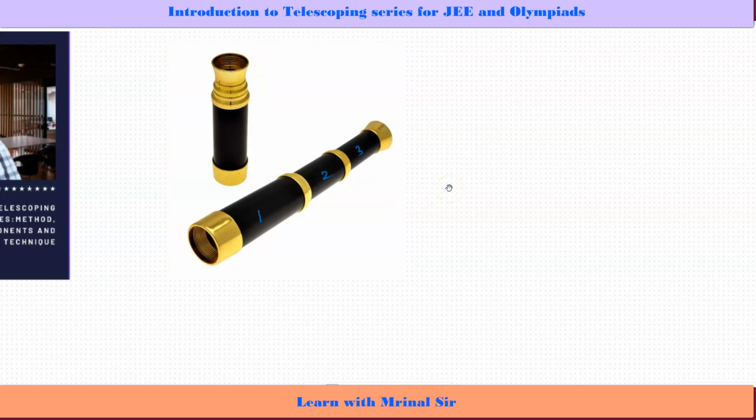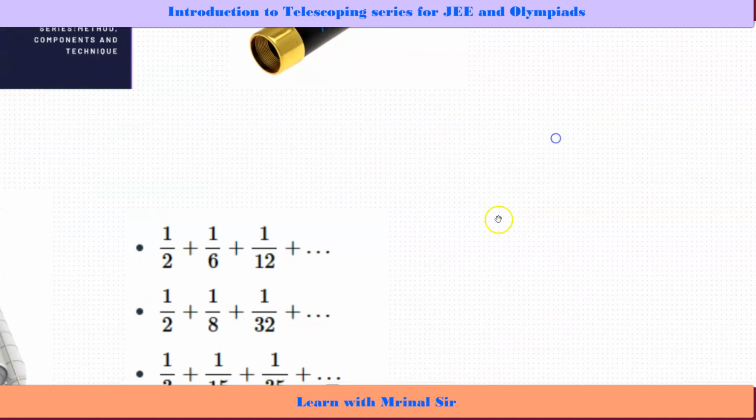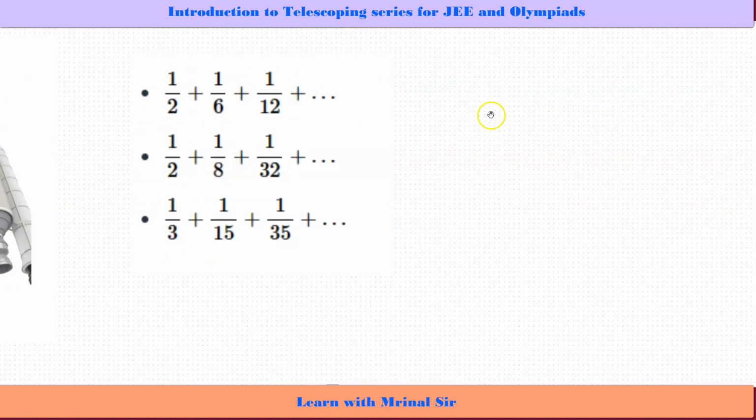Similarly, in a telescopic series, as you expand or open it by writing out more and more terms, you'll notice that many terms cancel out, leaving only a few terms to determine the sum, making this series a concise and elegant way to express a series.